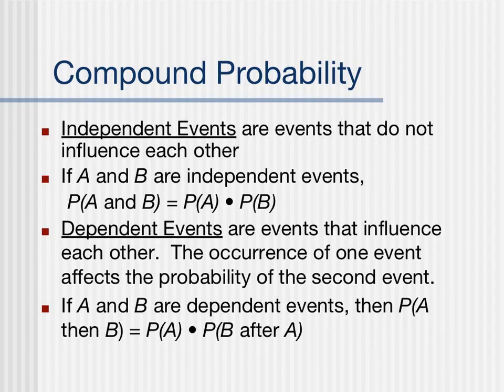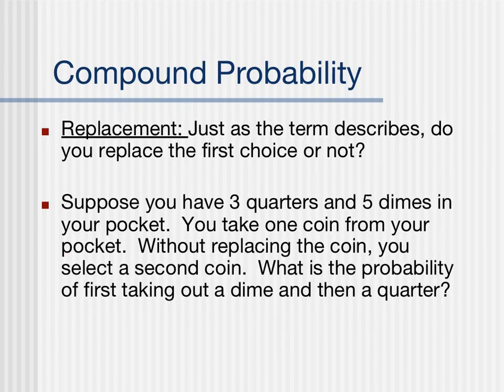Again, that means that the first event affected the second event, often referred to as with or without replacement. And replacement just means just what it sounds. Do I put that back in?